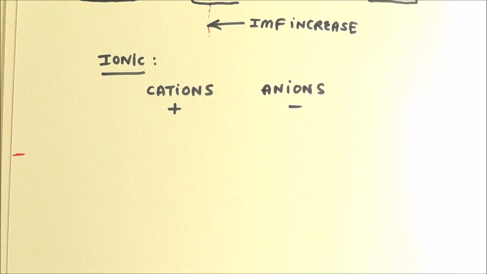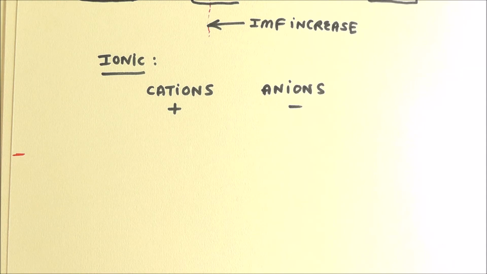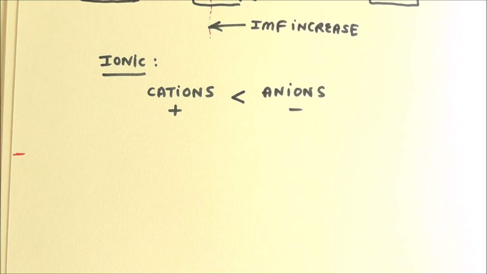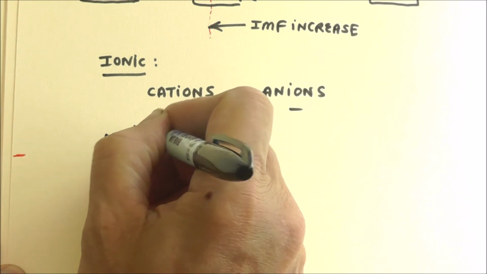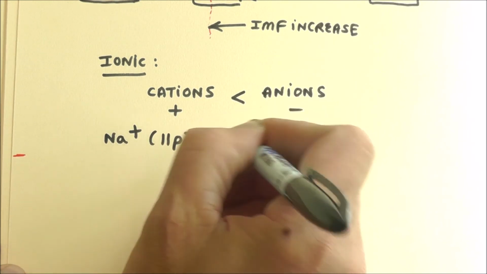It's public domain. Okay, but what you saw there is that positive ions are generally smaller than negative ions. Why is that? Well, in a positive ion, you've got more protons than electrons. So if you took something like sodium, this would have 11 protons, 10 electrons.